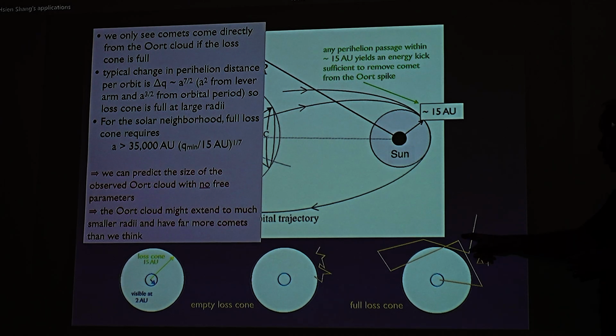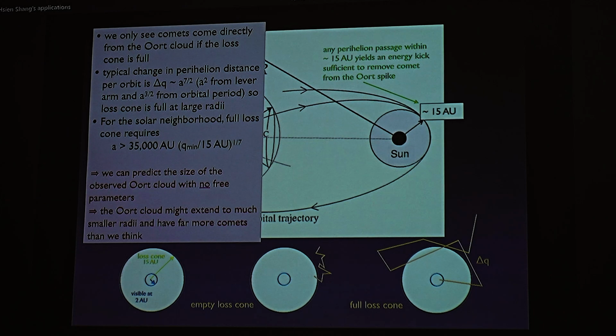The typical change in perihelion distance that you get per orbit is a strong function of the semi-major axis, because the tidal lever arm on the comet is proportional to the square of the semi-major axis, and because the orbital period is also larger.